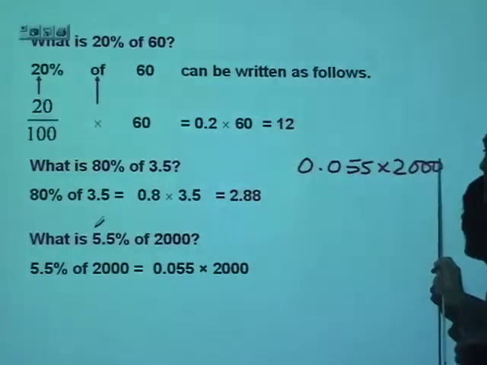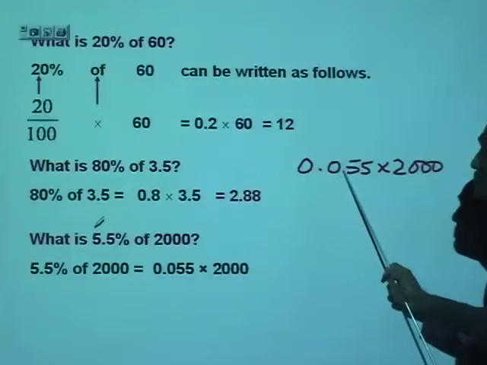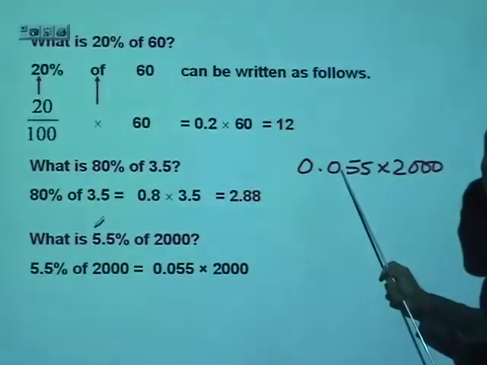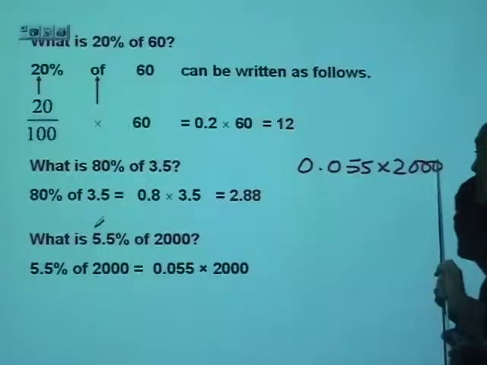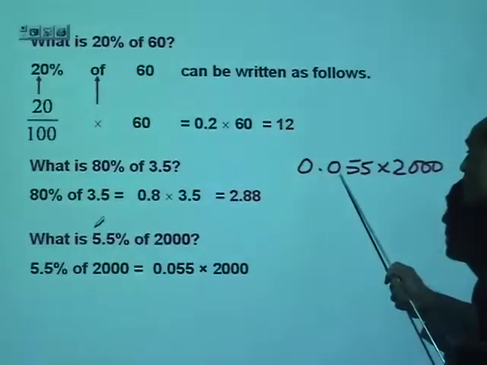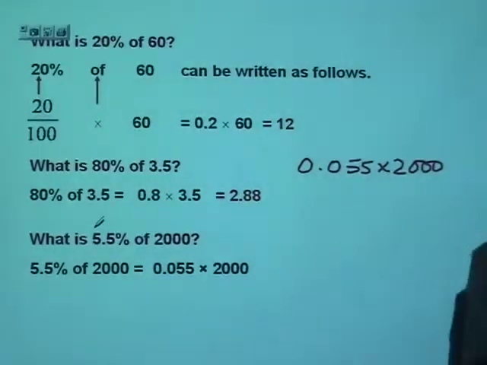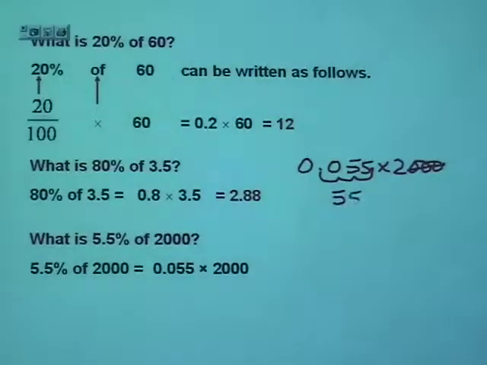Each time you cut a 0, move the decimal 1 place to the right on the other number. If I cut off these 3 zeros, how many places do I move the decimal in the other number? 3 places. So I cut away the 3 zeros and move the decimal 3 places. I get 55 multiplied by 2.